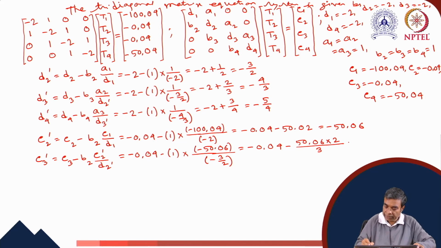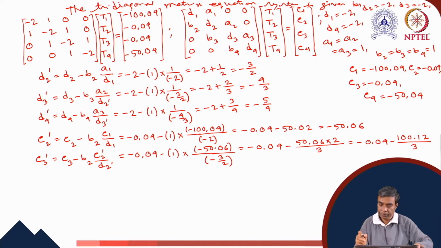So this comes as minus 0.04 minus 100.12 divided by 3. We get it as minus 0.04 minus 33.3.